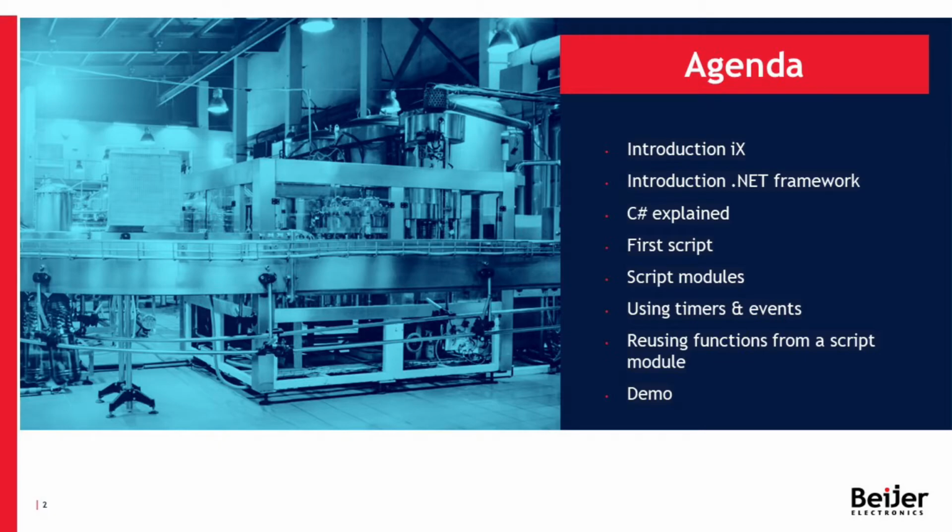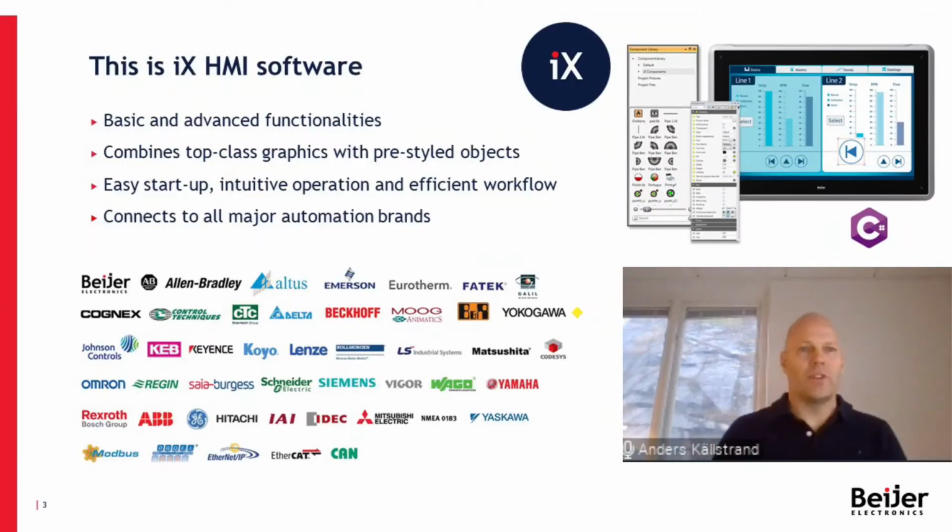with it in IX. So first, the IX HMI software, I would say, is a software where you can easily create some basic functionalities, and also, if you would like, you can create advanced functionalities quite easily, ready-made in IX. So it's a quite comprehensive software.